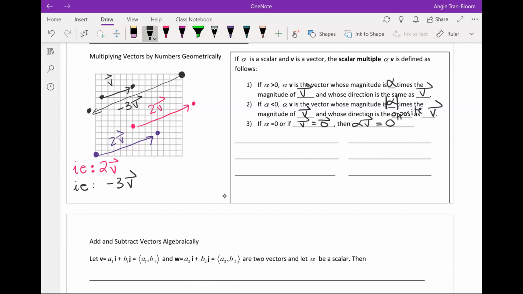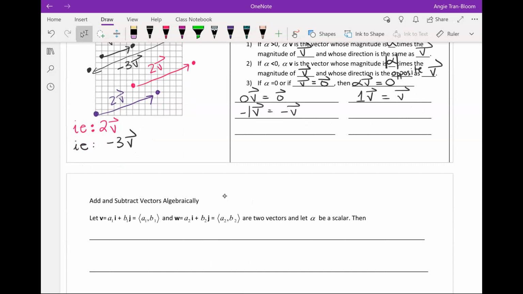So 0 times vector v, and vector v does not have to be 0, becomes a 0 vector. If you have 1 times vector v, this is an identity property. 1 times anything is itself. It doesn't change anything. Negative 1 times vector v is just the negative direction of your original.